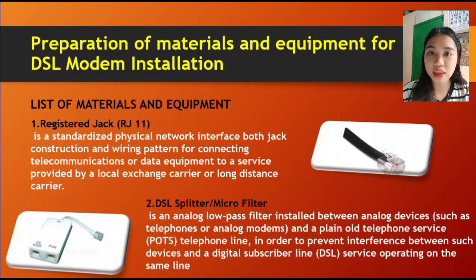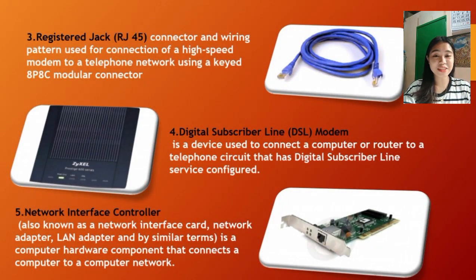So now let's proceed to register jack 45, also known as RJ45. RJ45 is a connector and a wiring pattern used for connection of a high-speed modem to a telephone network using an 8P8C modular connector. So what is the use of RJ45?